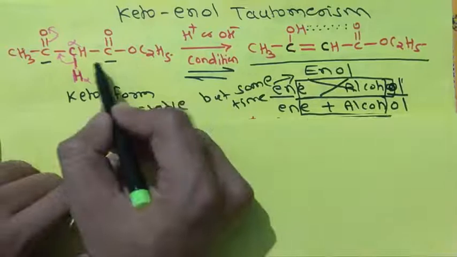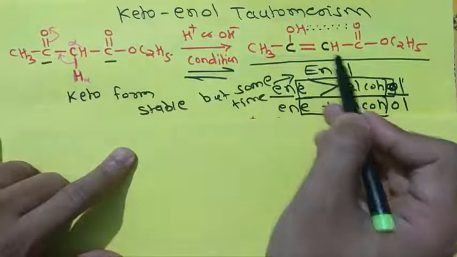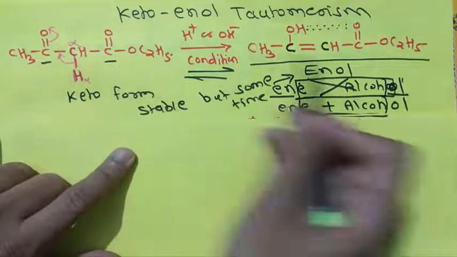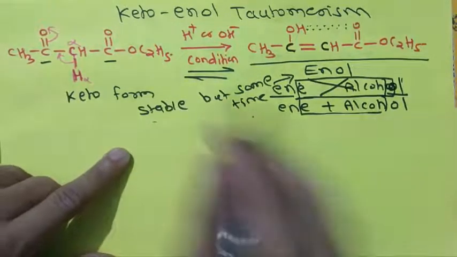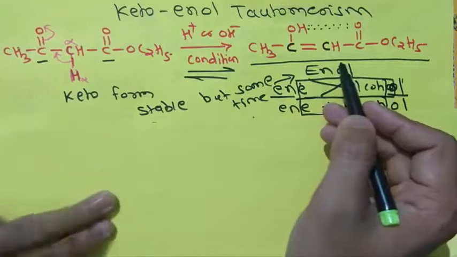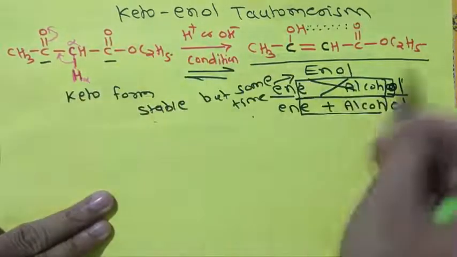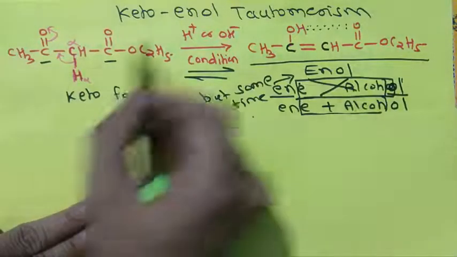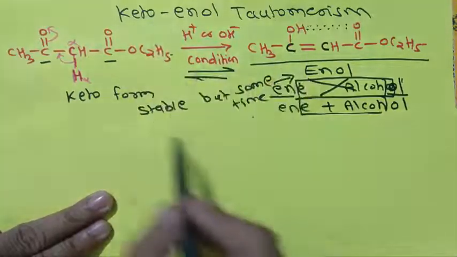The keto form is converted into the enol form, and the enol form is converted into the keto form. They are continuously interconvertible to each other, and this type of structural isomerism is called keto-enol tautomerism.